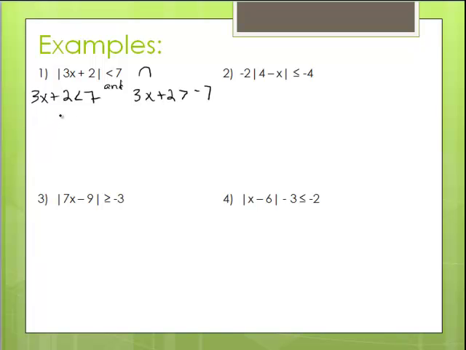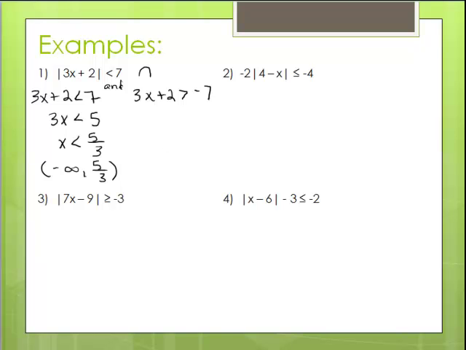Since I only have a small amount of room, let me leave some steps out. We're going to subtract 2 from both sides. So we get 3x is less than 5. Divide by 3, so x is less than 5/3. You could graph that. You would be at 5/3 and pointing to the left. That would mean -infinity to 5/3, and it's a parenthesis, right?